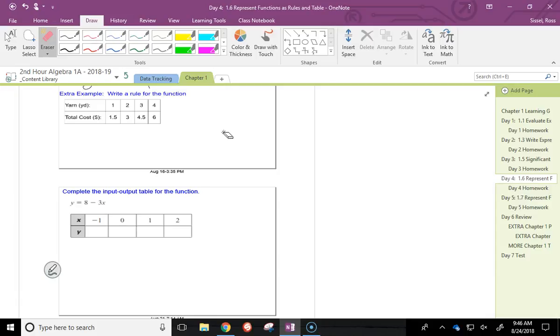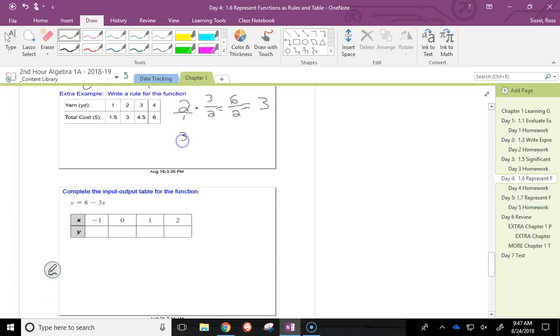We can look at it like a fraction. 1.5 is 3 over 2. So if I did that, I'd make this 2 over 1, I'd get 6 over 2, which simplifies to 3.